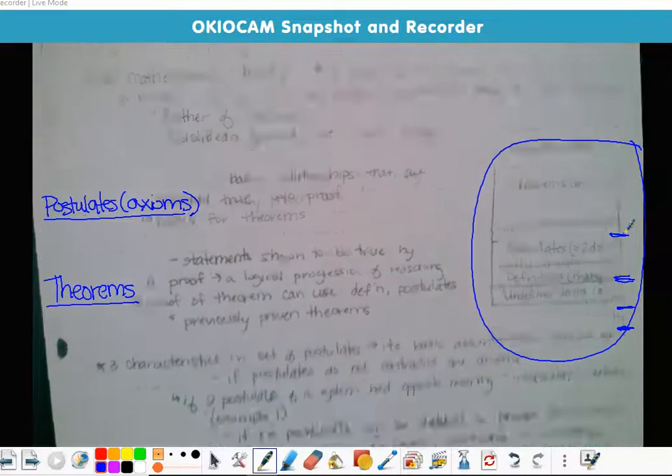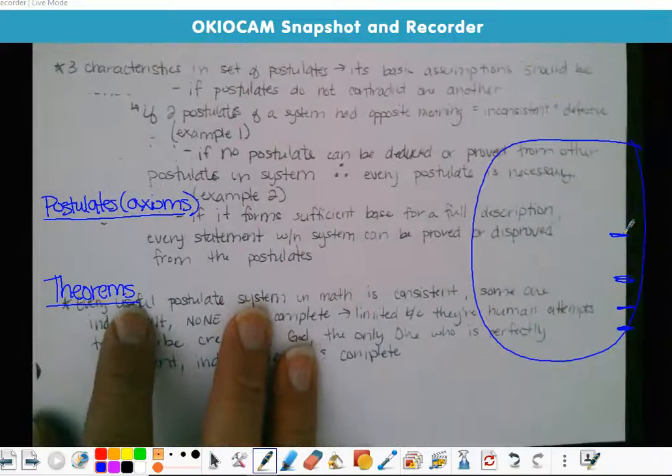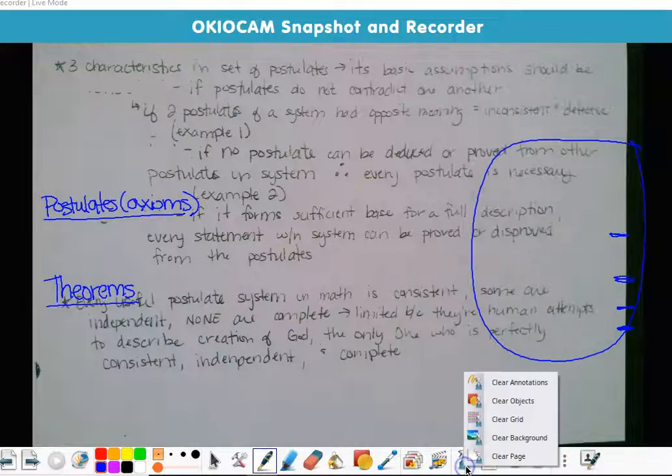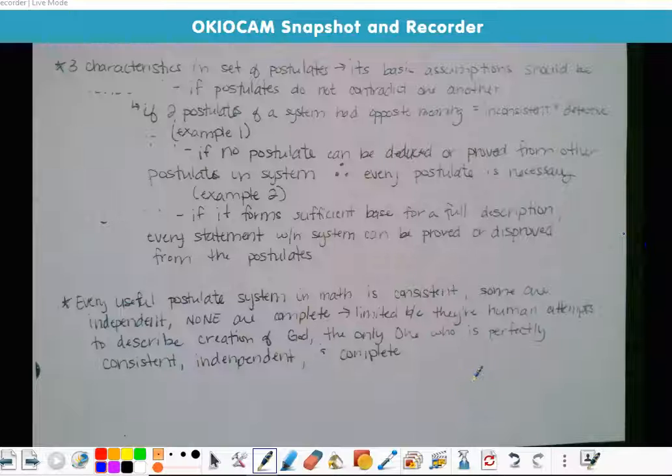Okay, next up then, we're going to talk about the 3 characteristics in a set of postulates. Its basic assumptions should always be that it's consistent is the first one. Okay, so it's consistent.